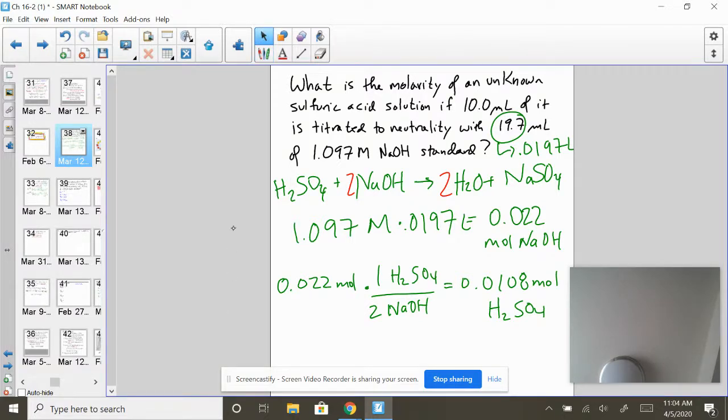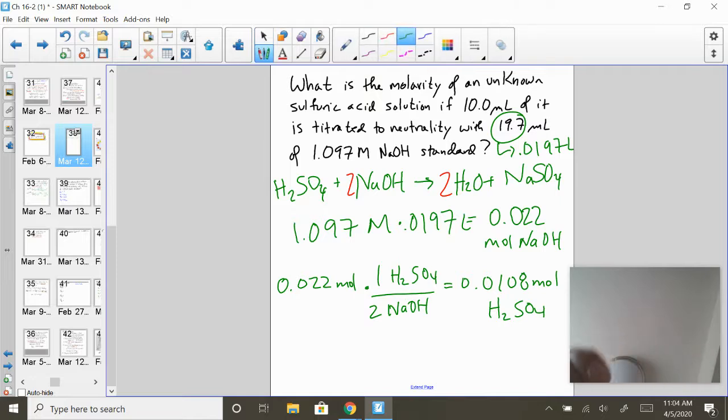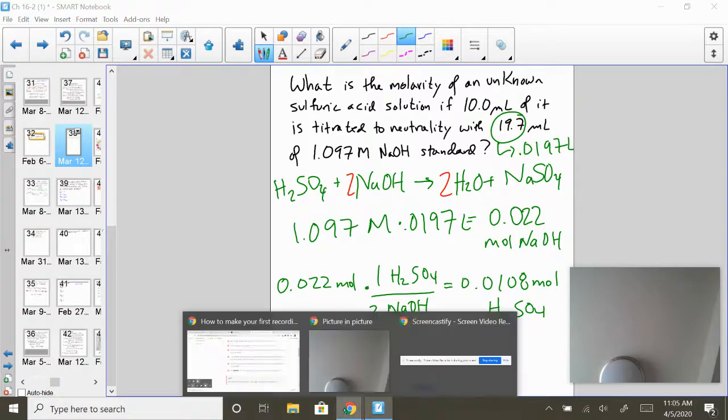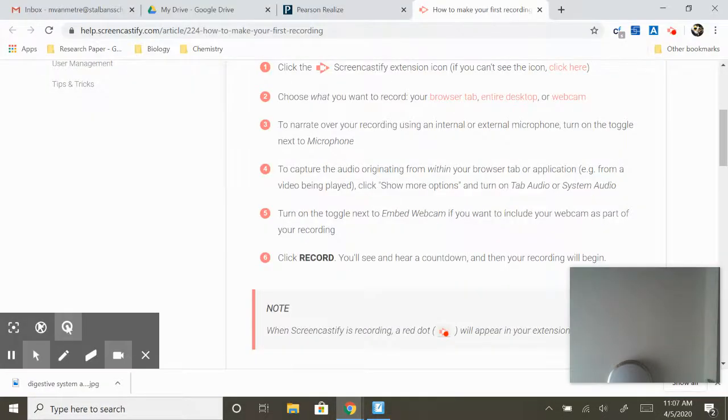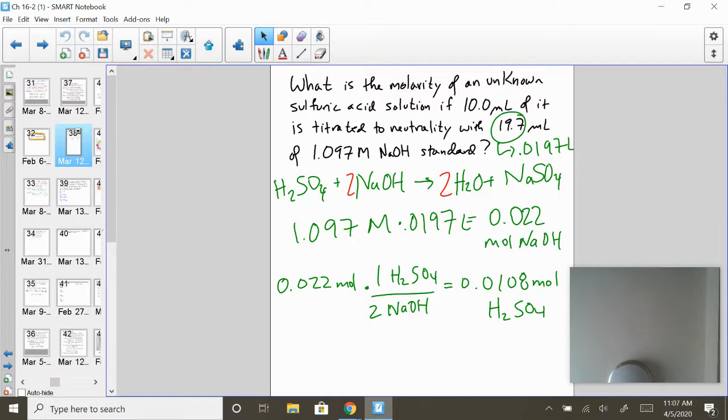Let me extend the page here. It's not letting me. Okay, that's all right. I've got my moles H2SO4, and I know that has to equal M times V, right?